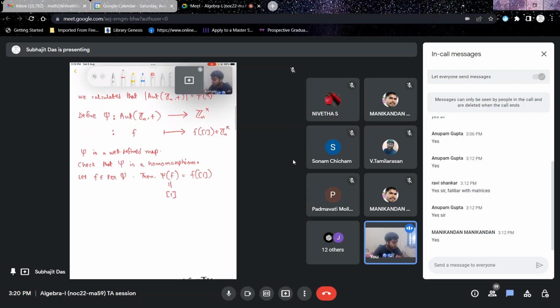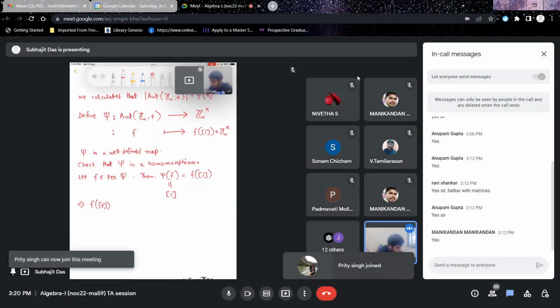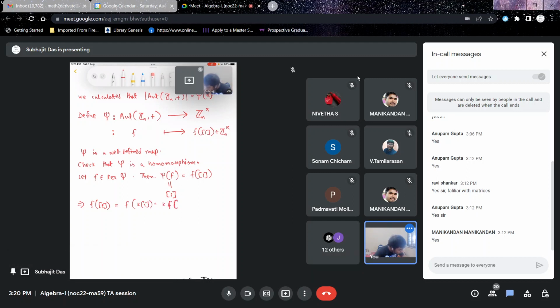So f of 1 is 1, and since f is an automorphism of the additive group, what we clearly know is that f of any k is equal to f of k times 1, which is equal to k times f of 1, which is equal to k, right, for all k in Zn.